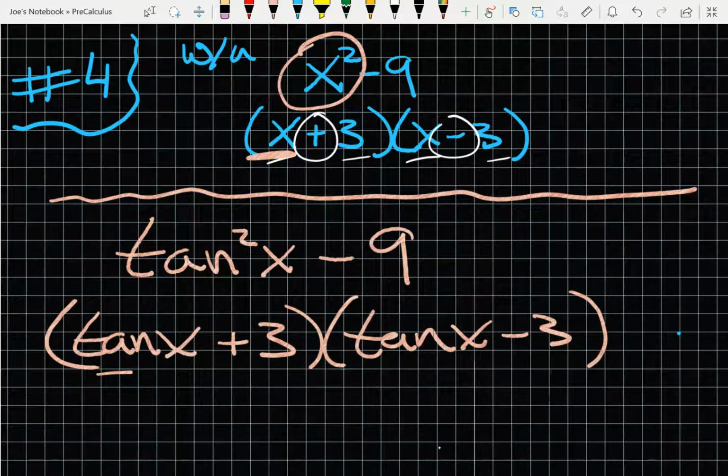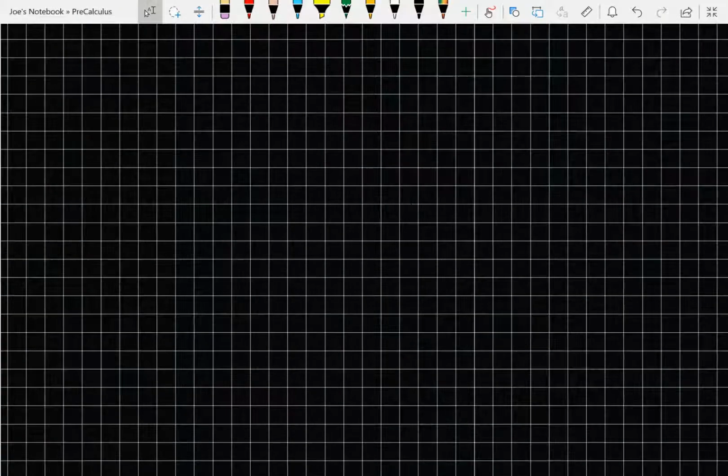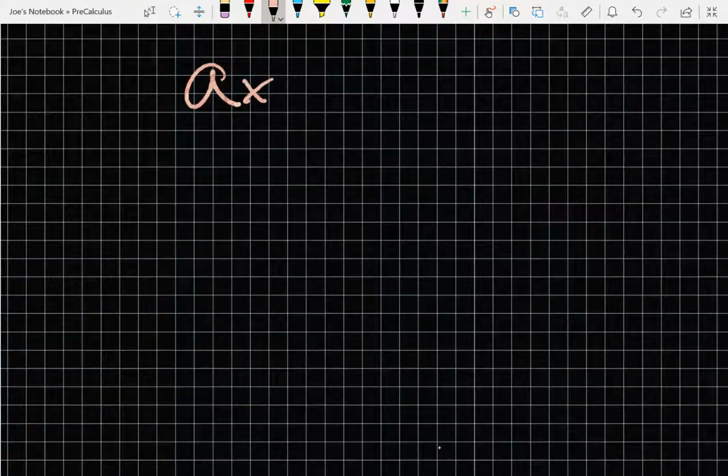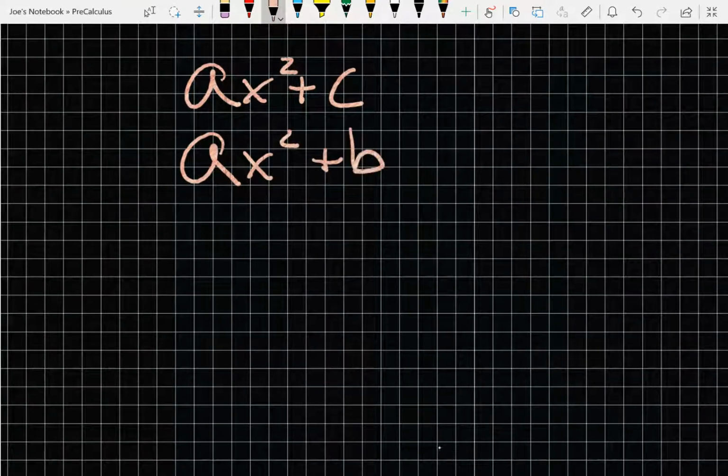I did lie. We have one more. That was a two-term quadratic type. So you've got these different types of quadratics: you've got ax squared plus c, and then you've got ax squared plus a linear term plus a constant.